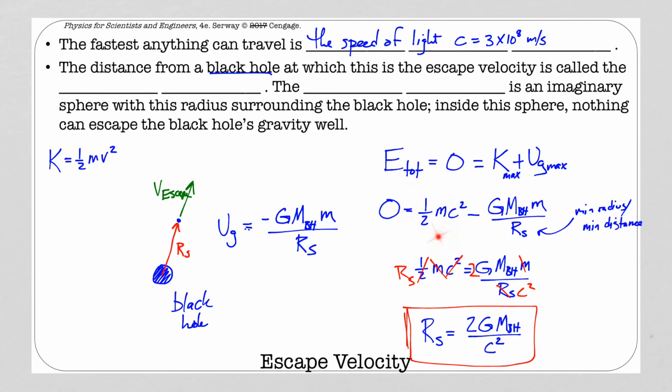Again, this isn't quite the correct equation, because this is the classical mechanical equation for kinetic energy, and we should be using the relativistic equation if we're traveling near the speed of light, but this is a good estimate, and this is one of the early calculations. We call this radius here the Schwarzschild radius.